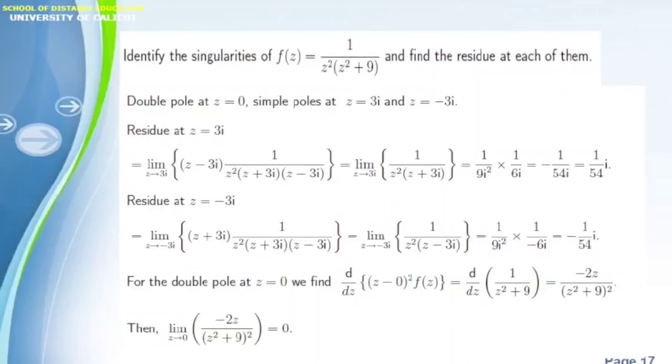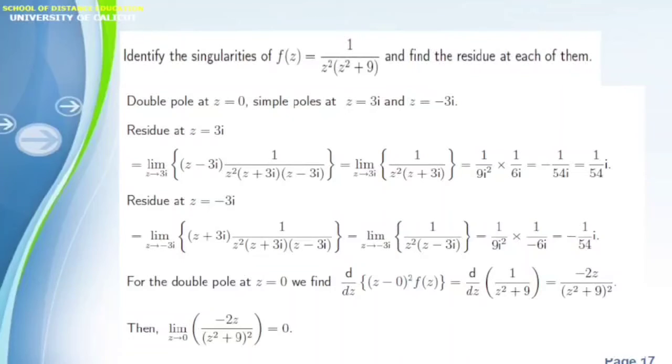And again here, z square plus 9 means z plus 3i into z minus 3i, we can factorize them. So plus 3i and minus 3i are also poles. Here z equal to plus 3i and z equal to minus 3i are simple poles, and z equal to 0 is a pole of order 2.